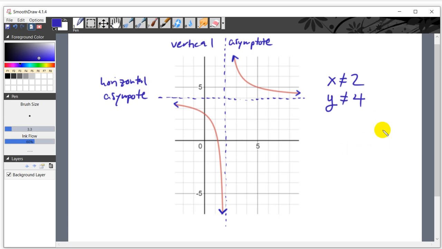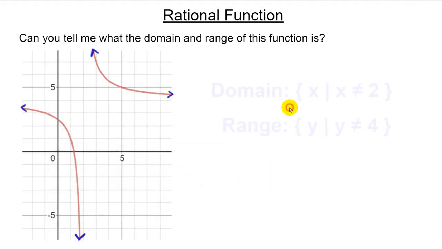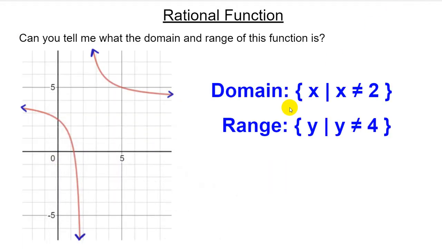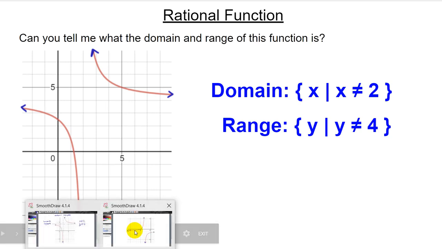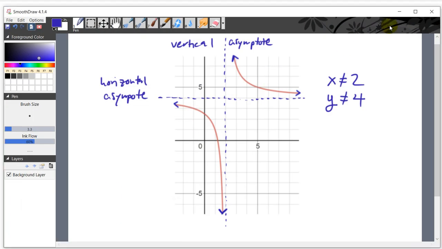But that just says what x and y cannot equal. If I go back to the slide here, in order to understand what this notation means, this says the set of all x's, or in other words, the set of all real numbers such that x can't equal 2. And this one says the set of all real numbers for y's such that y can't equal 4. So this one is an interesting case.